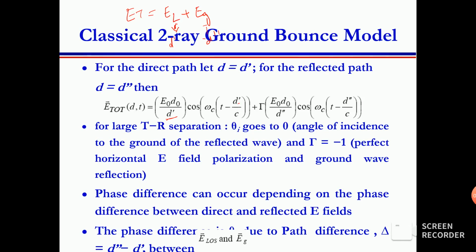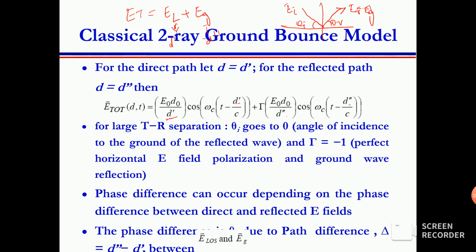One more thing to see is the law of reflection in a dielectric. In this scenario, this is the incident wave and this is the reflected wave. The electric field of the incident wave is EI and the electric field of the reflected wave is ER, which is also equal to EG. This is theta I and this is theta R.